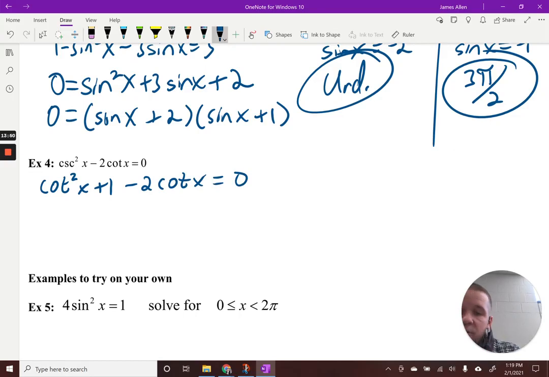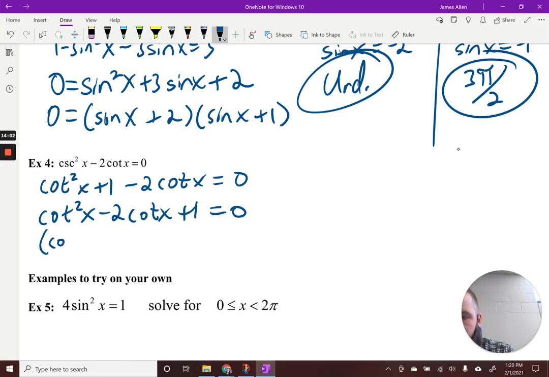And once again, I'm dealing with a quadratic. Let's rearrange this in the standard form. It's equal to 0. Awesome. Time to factor. Again, if you need to use u substitution, go for it. If you're comfortable factoring some of these more simple factoring problems, that's cool too if you don't want to use it. And boom, I've got cotangent of x minus 1 and cotangent of x minus 1.